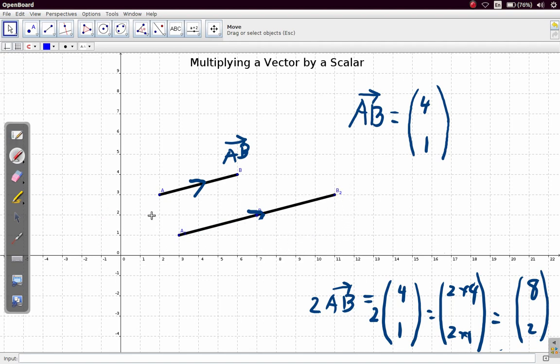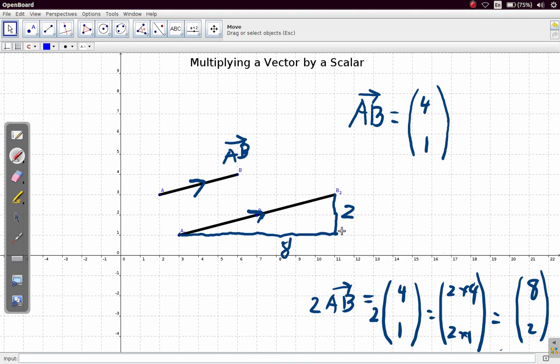Let's look again at it. 1, 2, 3, 4, 5, 6, 7, 8 units to the right, 1, 2 units up. And there we have the vector that we wanted. It's 8 in the x direction and 2 in the y direction. Alright?